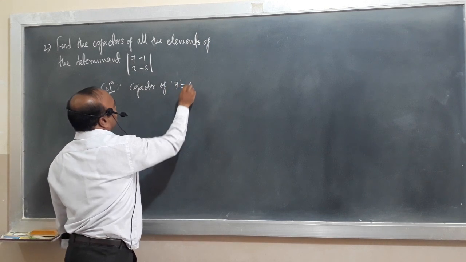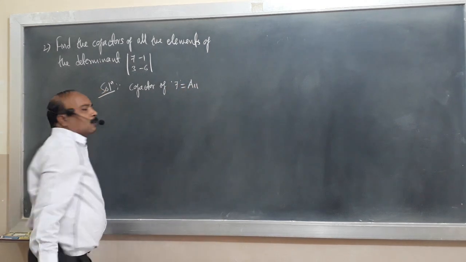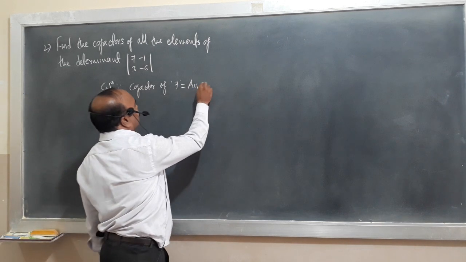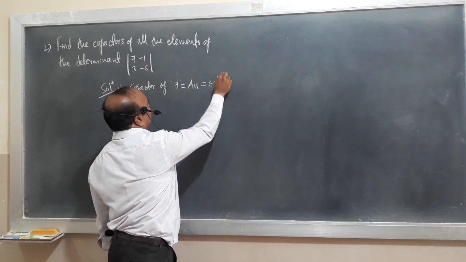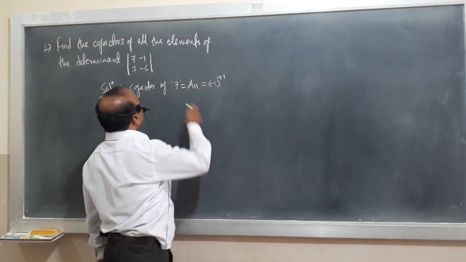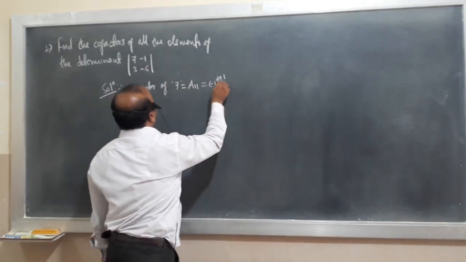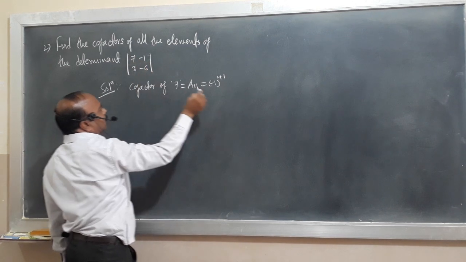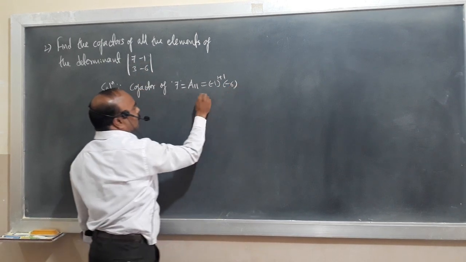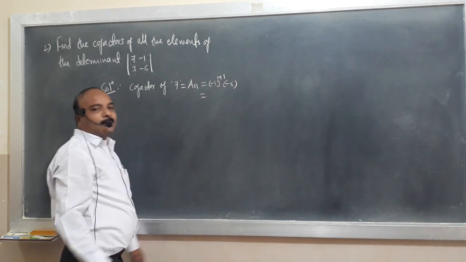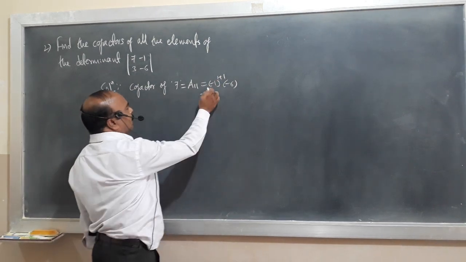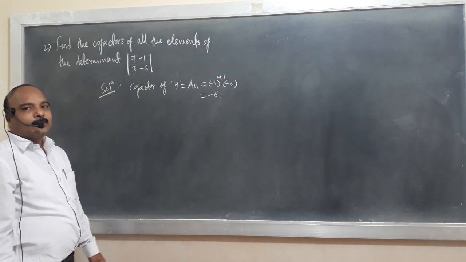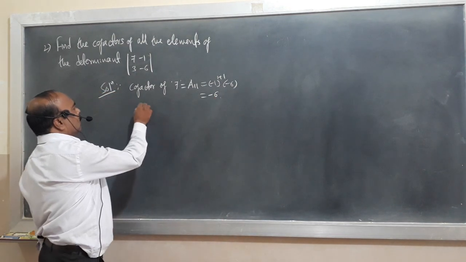It is A11 because it is the first row, first column element. It is given by the formula minus 1 power 1 plus 1 into the minor of this element. Deleting this row and this column, we get minus 6. So minus 1 power 2 is plus 1, into minus 6 is minus 6. The first cofactor is minus 6.